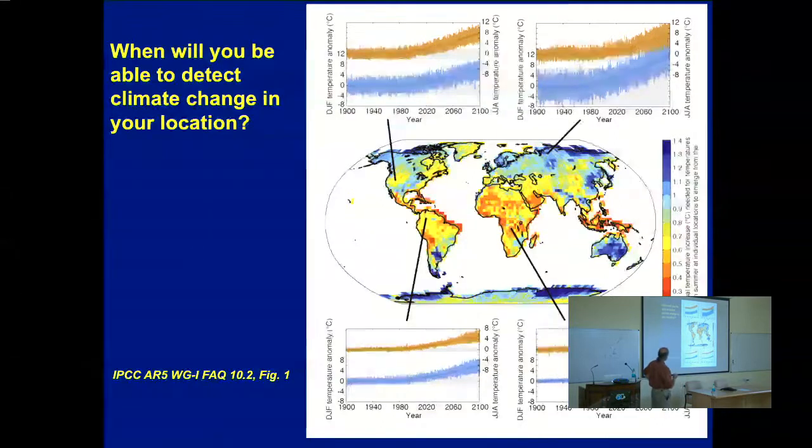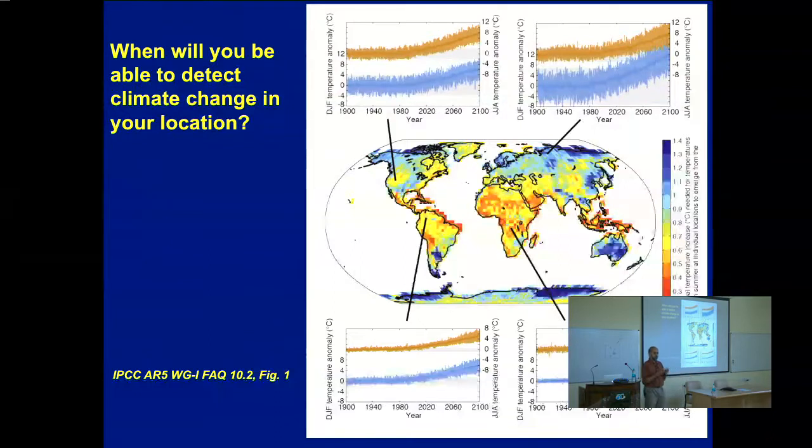So, if you look at this blue line and this orange line for these four locations, in this region, you find that the width of the band is much larger. If I look at the blue curve, that is my December, January, February temperature anomaly.